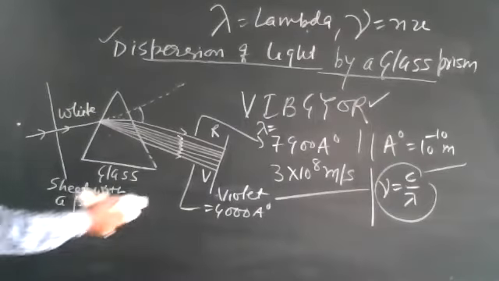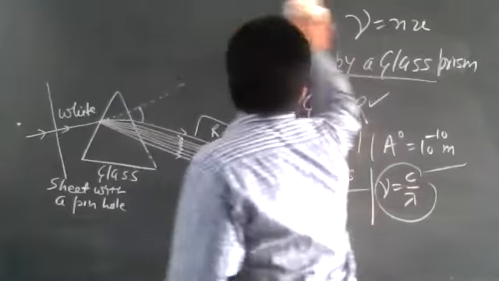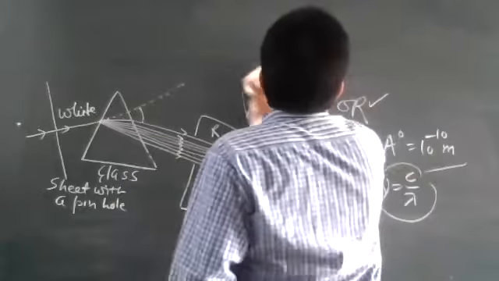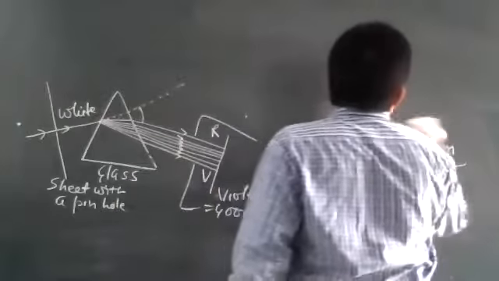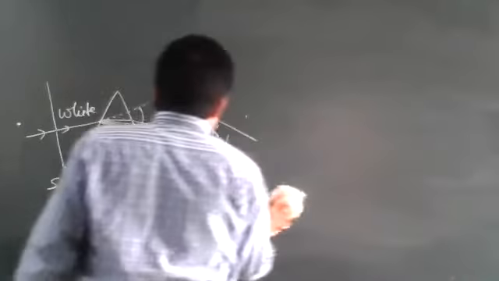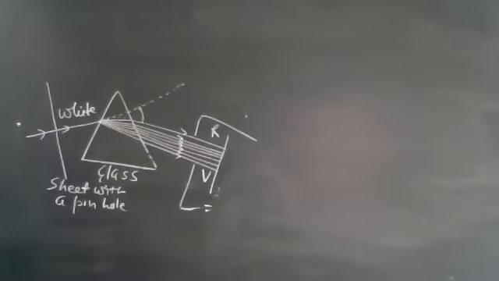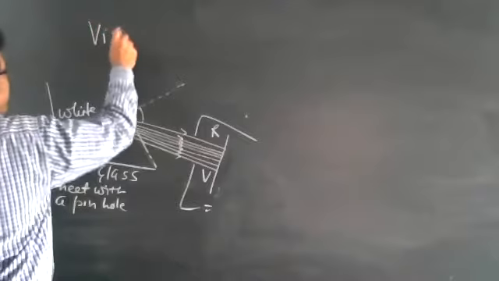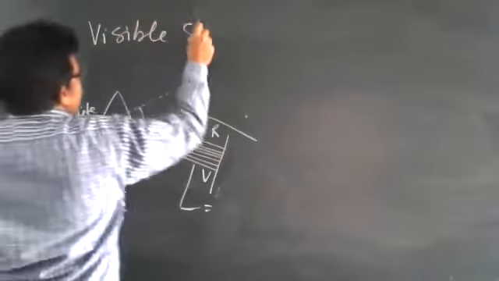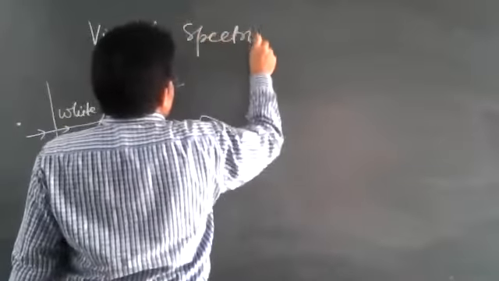Now, this spectrum which we are getting here, which we can see easily with our eyes, is called the visible spectrum.